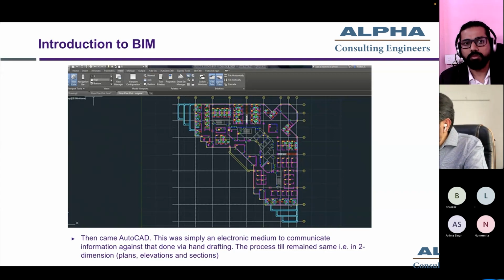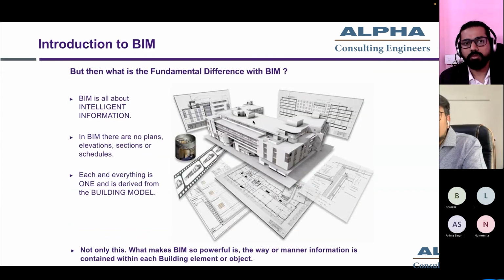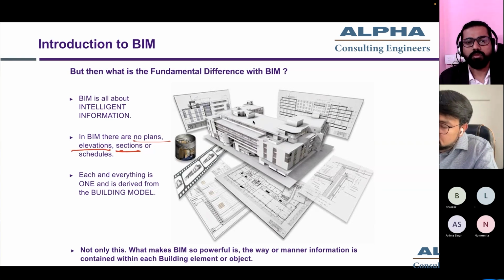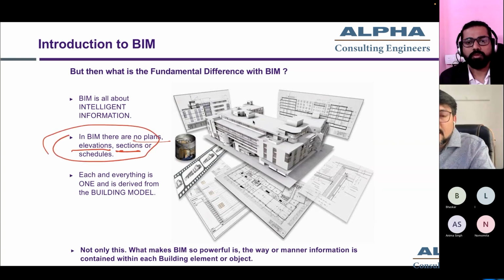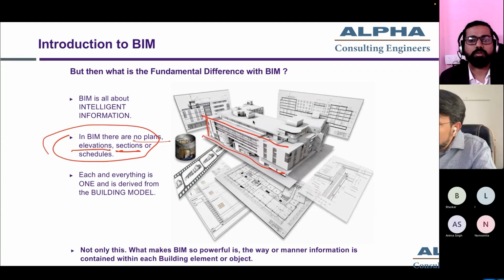But then with the ingress of these kinds of tools, there are no separate plans, elevations, or sections; everything is in the model. We are targeting one particular model, and this model is the single source of truth for us.